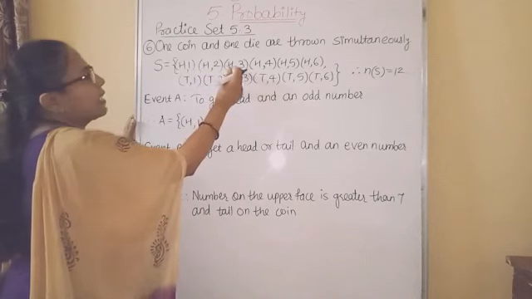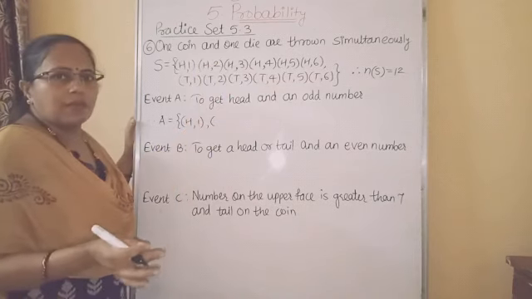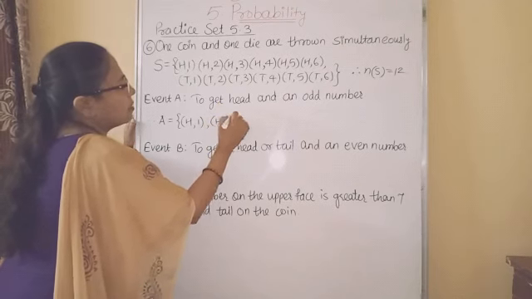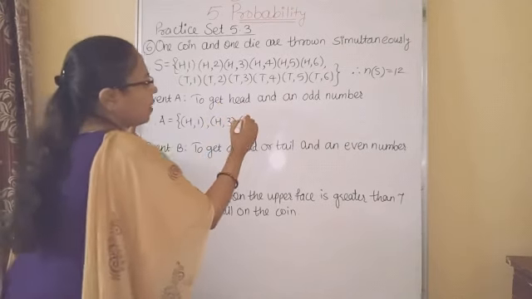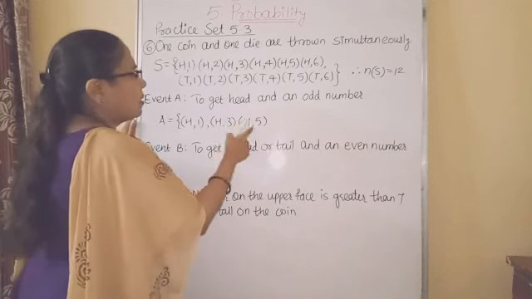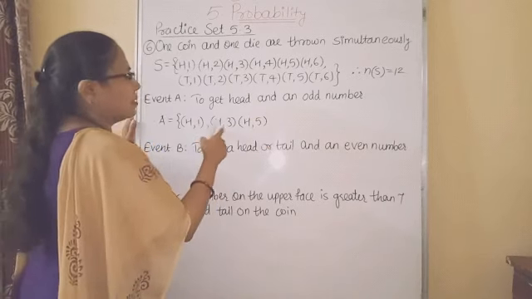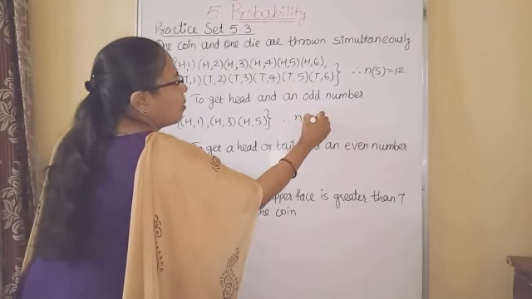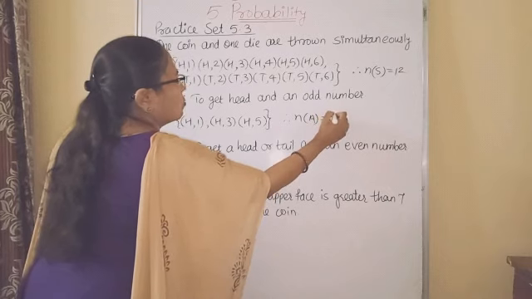The next result we will take is H3, because 2 is not an odd number, it is an even number. H3. Then H5. We want head and odd number. So the results were completed. Therefore, n of A is equal to 3.